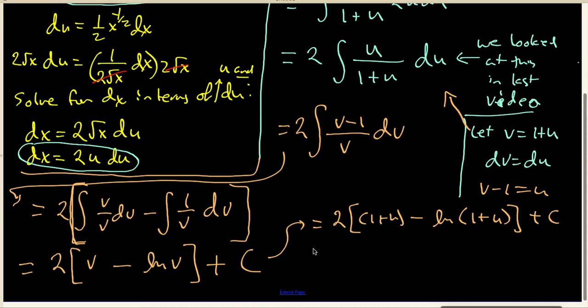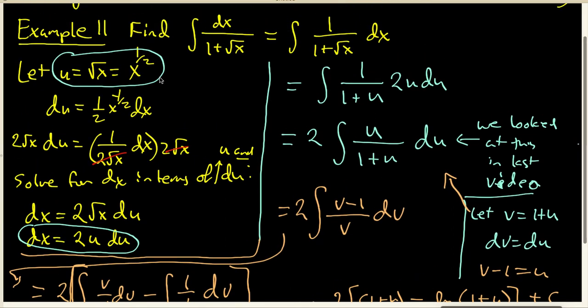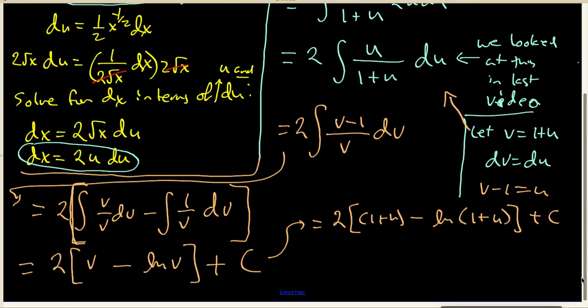And now, of course, I need to think about what is u, and I have to scroll back upwards. u is the square root of x. So I put that in, and I wind up getting 2 times 1 plus the square root of x minus ln of 1 plus the square root of x, plus any constant that I want to add.